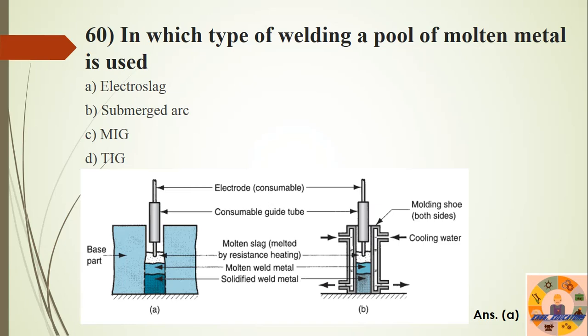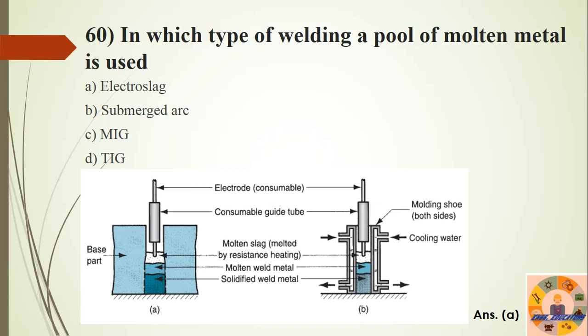Next question is in which type of welding a pool of molten metal is used? Options are electroslag welding, submerged arc welding, MIG welding, or TIG welding.